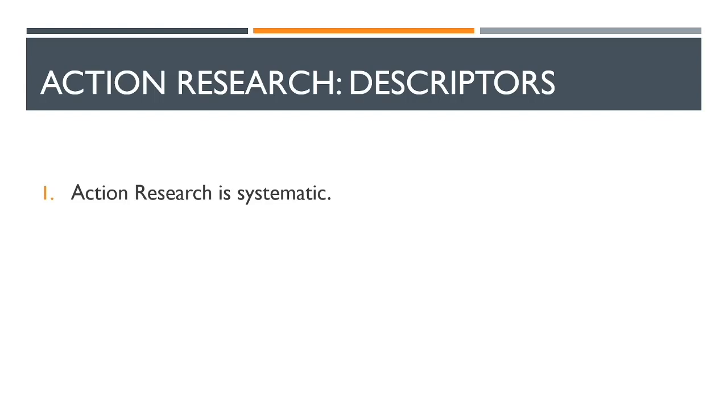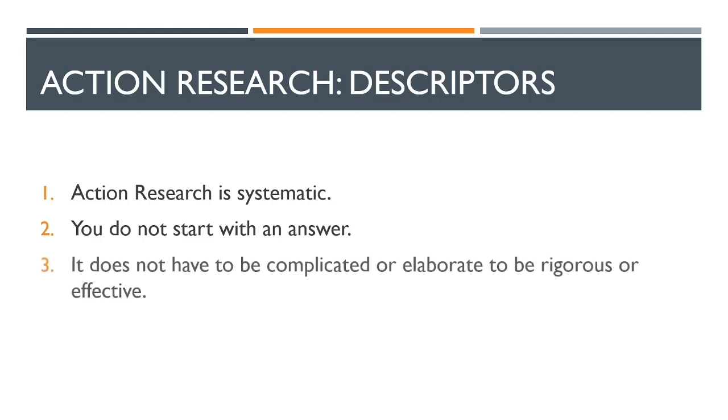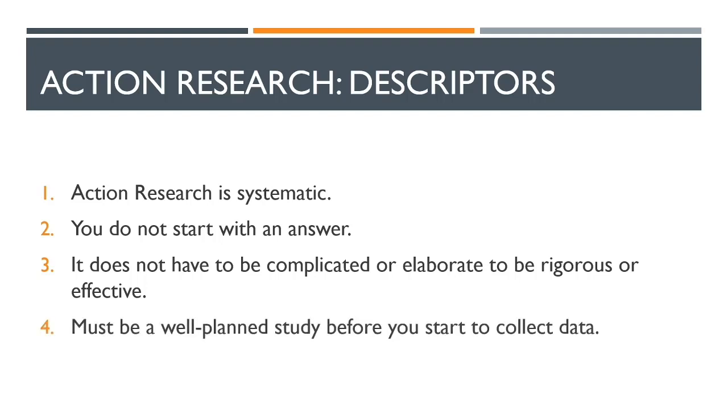Action research is systematic. It is a planned methodological observation related to one's teaching. You do not start with an answer. It must be unbiased. The observer must be objective. It does not have to be complicated or elaborated to be rigorous or effective. Must be a well-planned study before you start to collect the data.